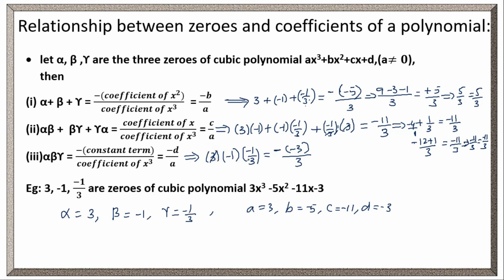So here 3 will get cancelled. Minus 1 into minus 1, 1. Here also 3 will get cancelled one time. So minus into minus plus 1. So we got LHS equal to RHS, right? So product of the zeros for a cubic polynomial is minus d by a. That is nothing but minus constant term by coefficient of x cube. Clear?